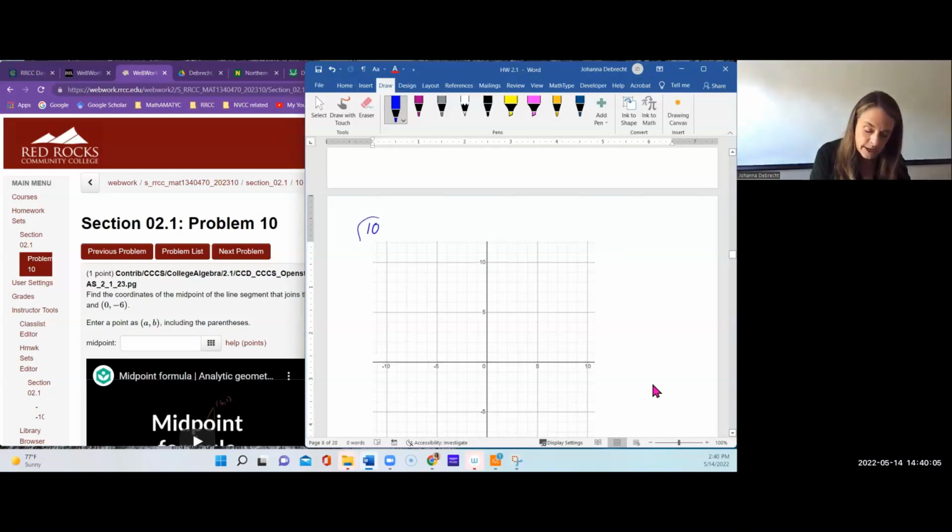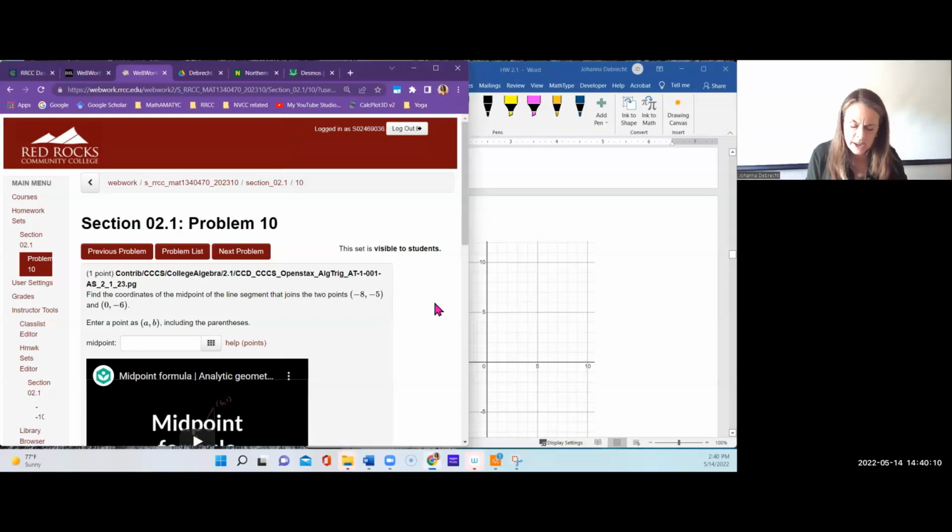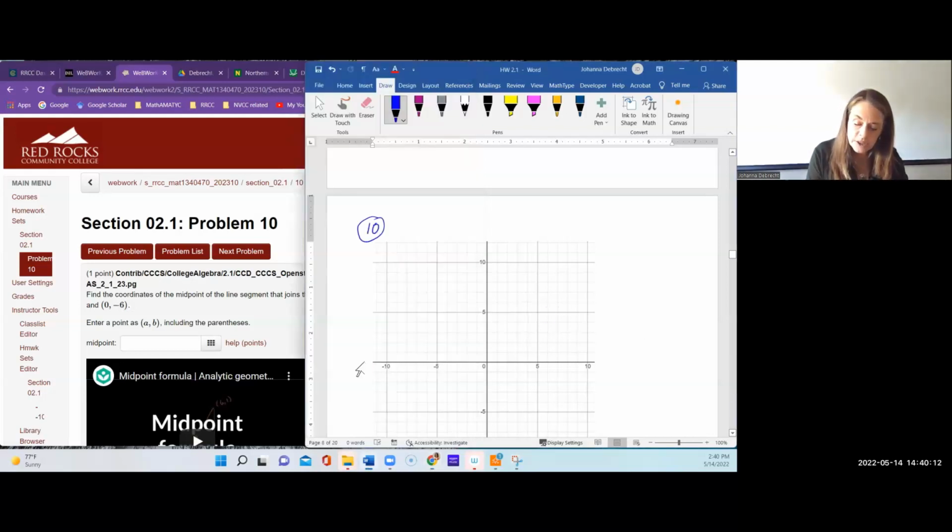And this is number 10. And we want to plot the point (-8, -5). So -8, -5 is left 8, down 5. Plot and label.